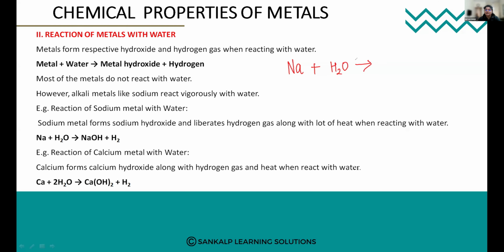What will it form? It forms NaOH, with Na plus and OH, plus H2 gas is liberated. So this is the reaction. Sodium reacts with water to give sodium hydroxide, and hydrogen gas is liberated.